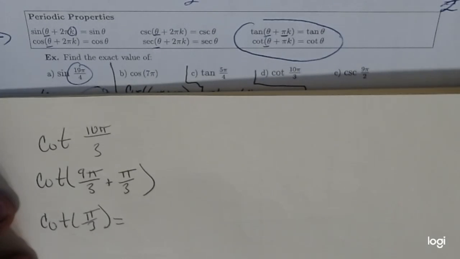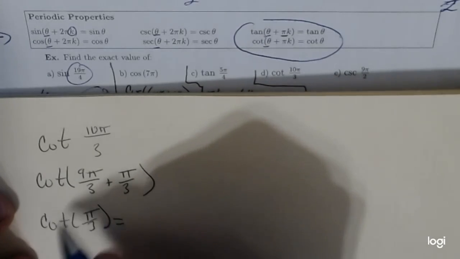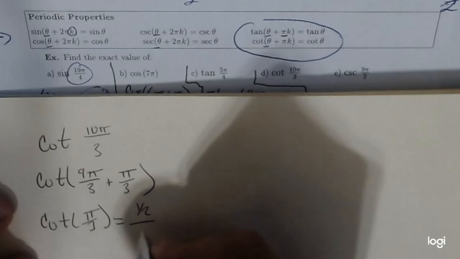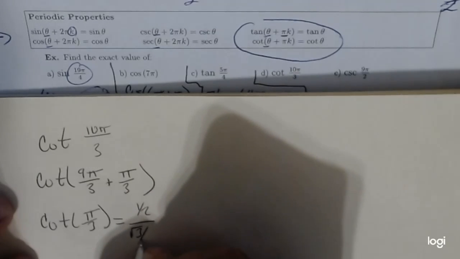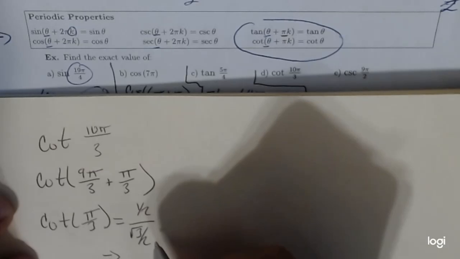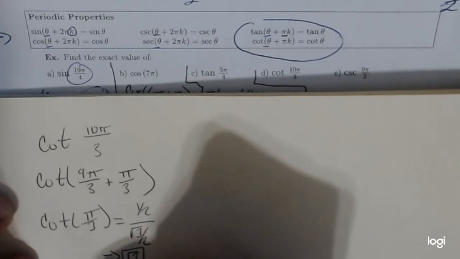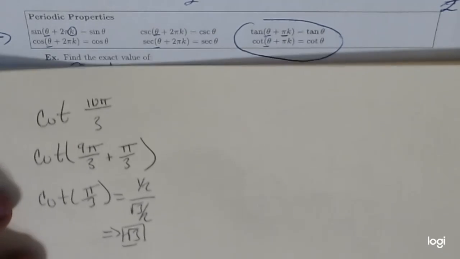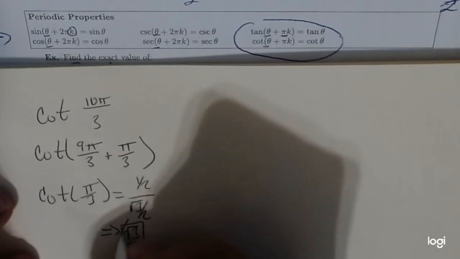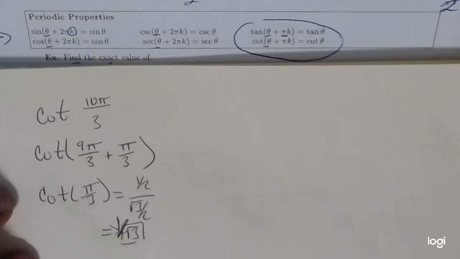Since cotangent is x over y, in this case it's going to be 1/2 over radical 3 over 2. And I believe if you simplify this, I think you just get radical 3. No, actually 1 over radical 3. There you go. 1 over radical 3.